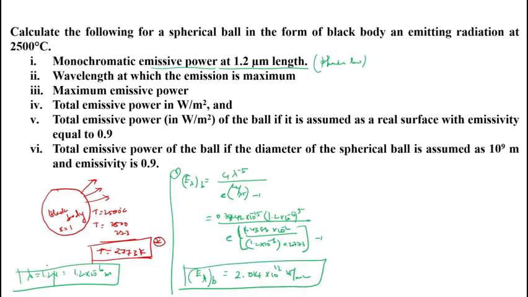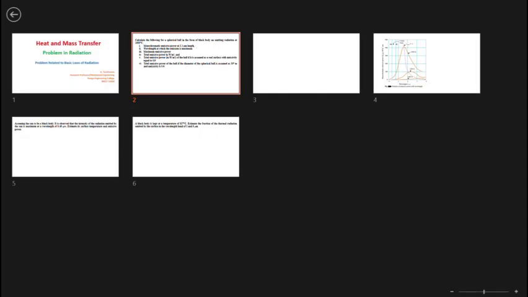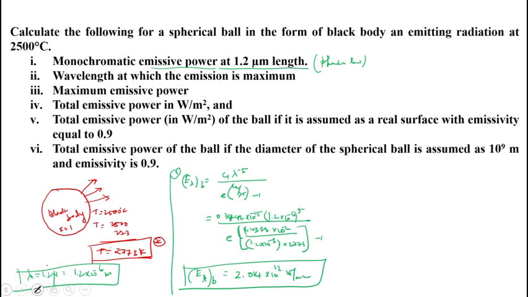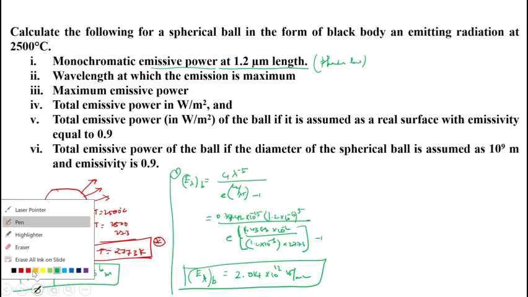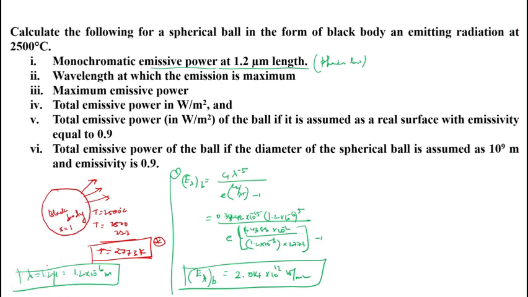So this emissive power is at 2773 Kelvin temperature and wavelength lambda equal to 1.2 micrometer.